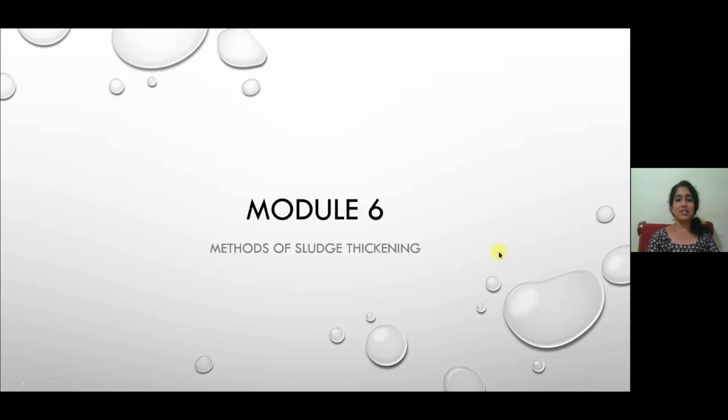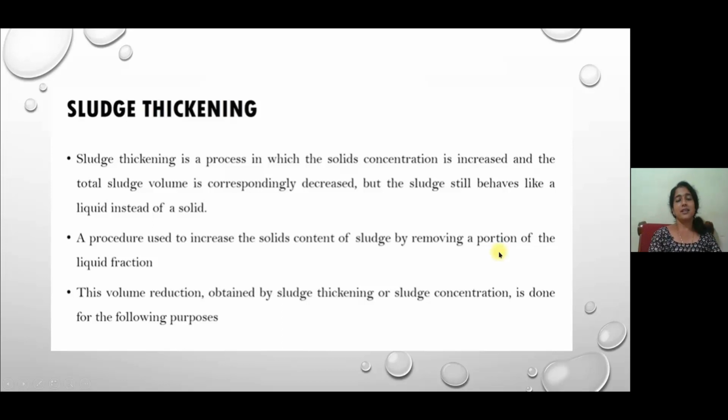What is a sludge thickening method? This method is used to densify the sludges collected from the primary sedimentation tank and secondary sedimentation tank, and this will help while dewatering the sludge and to dispose of the sludge collected from the wastewater treatment system.